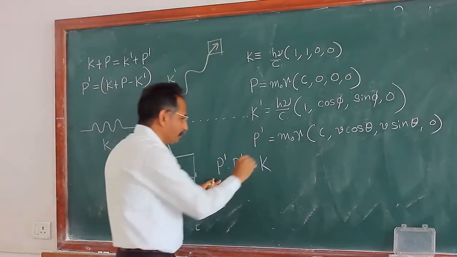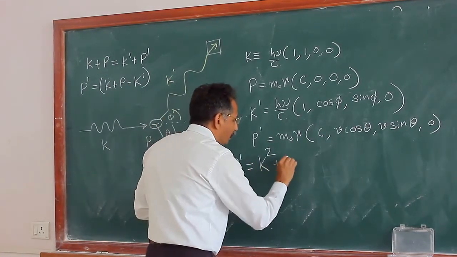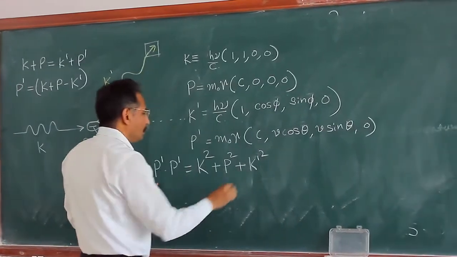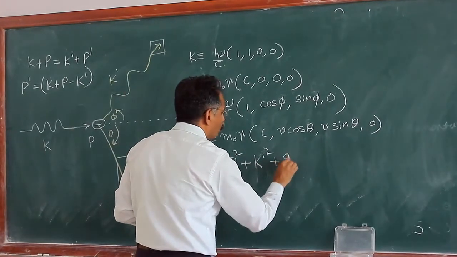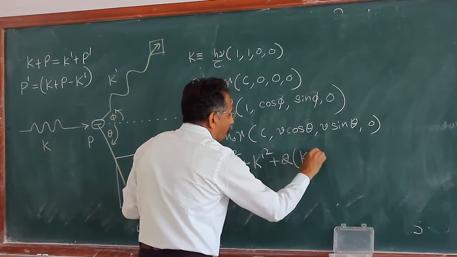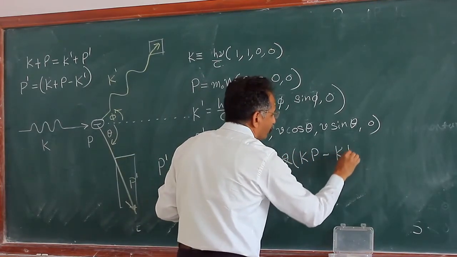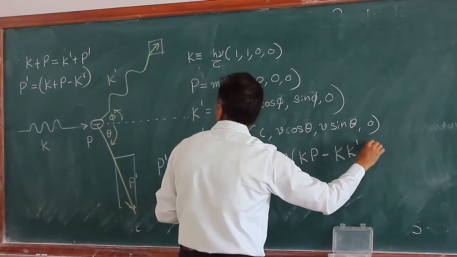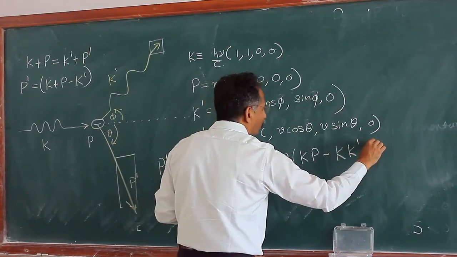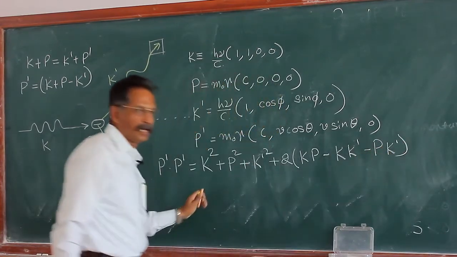I shall write k square, no harm in doing that, plus p square plus k dash square plus 2 times k into p minus k into k dash minus p into k dash. Is it okay? Am I right?